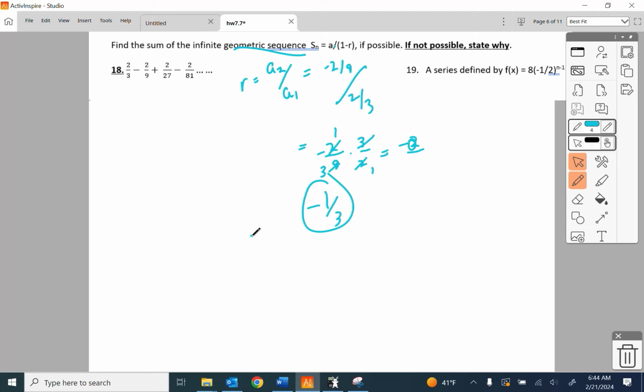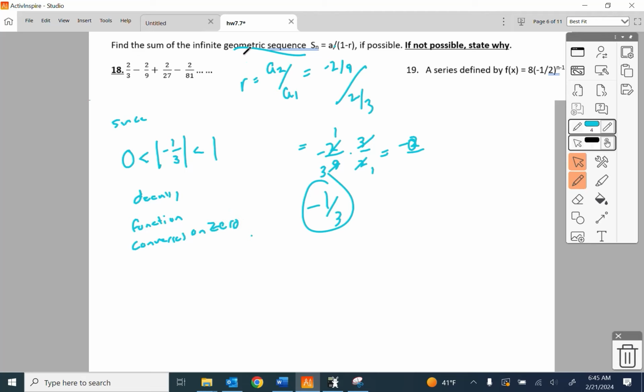So, is it possible? Since 0 is less than the absolute value of negative 1/3, which is less than 1, this is decay. And the function converges on 0.